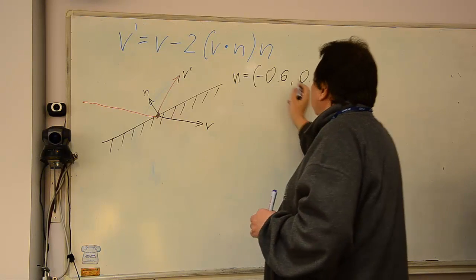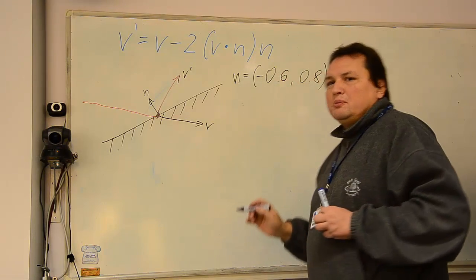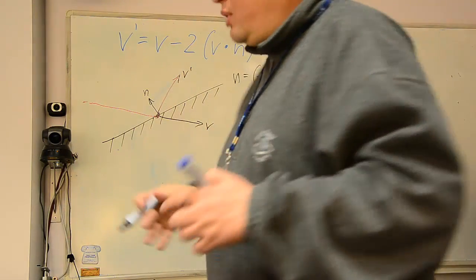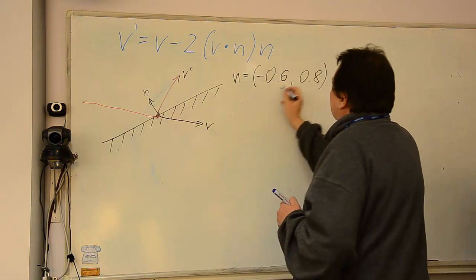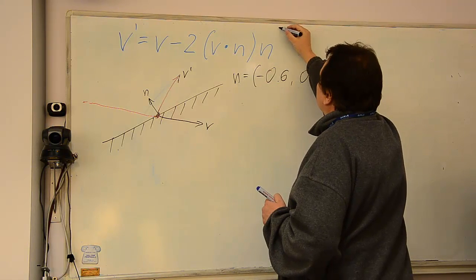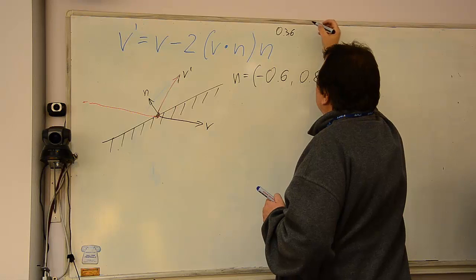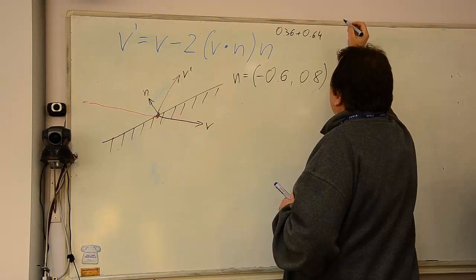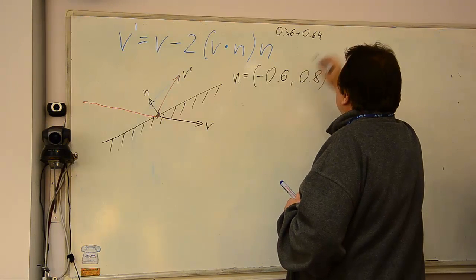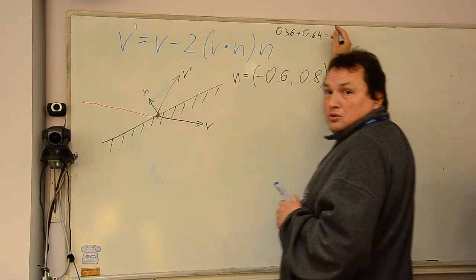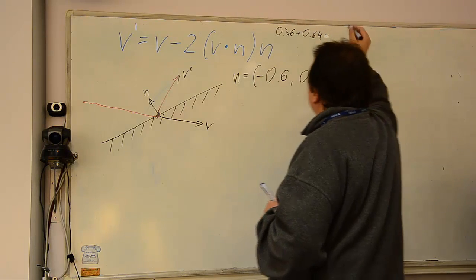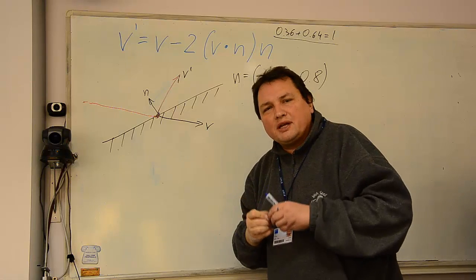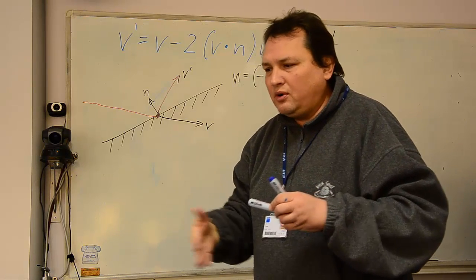These are nice numbers because squared they will provide the value of 1. As you can notice, 0.6 squared is 0.36 plus 0.8 squared is 0.64. Together it is 1. So this normal vector is indeed a normalized vector. It is a vector of length 1.